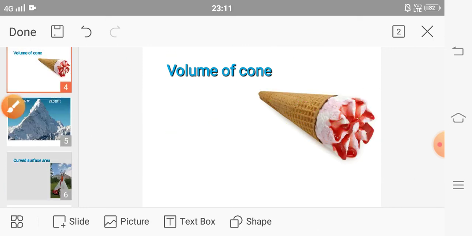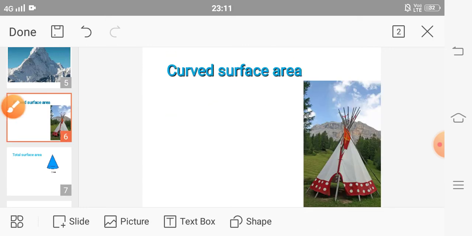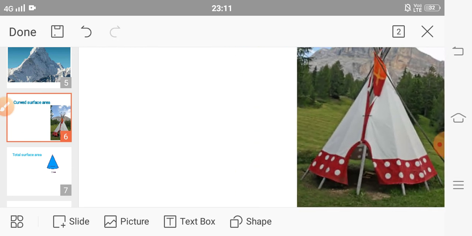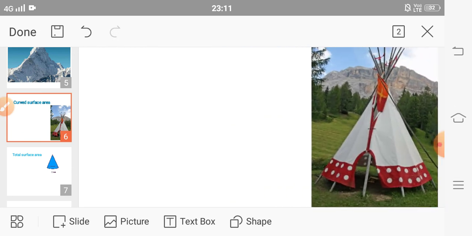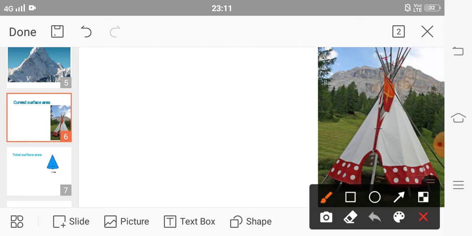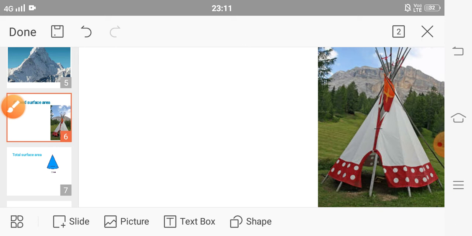Next, curved surface area. Here we observe this tent. How many meters of cloth is needed to construct this tent? We measure this cloth, that means the length of this cloth, by using curved surface area.